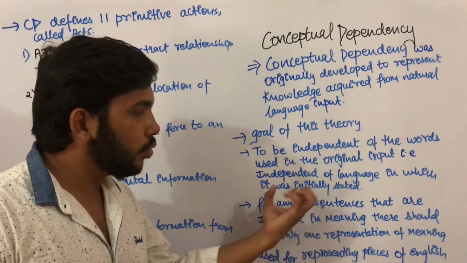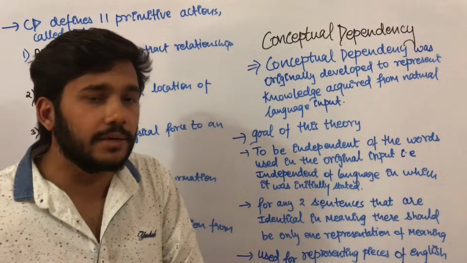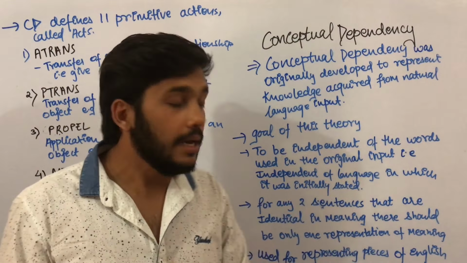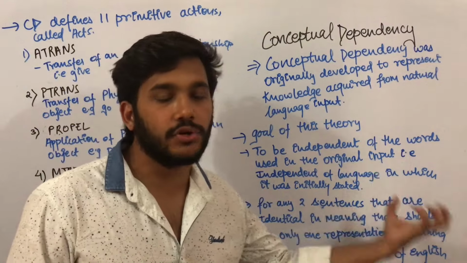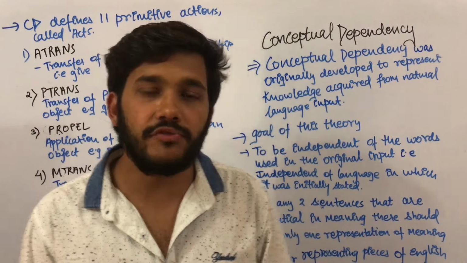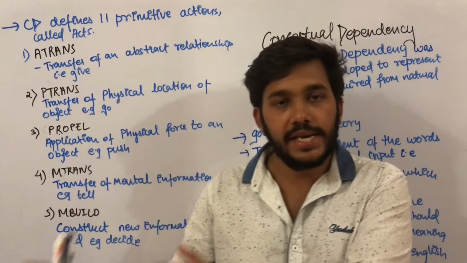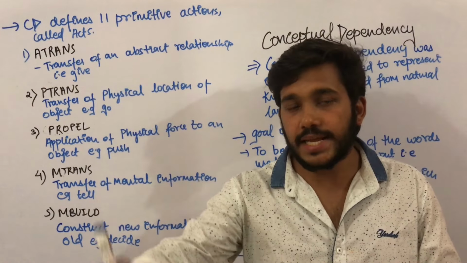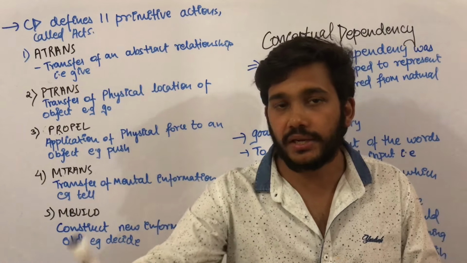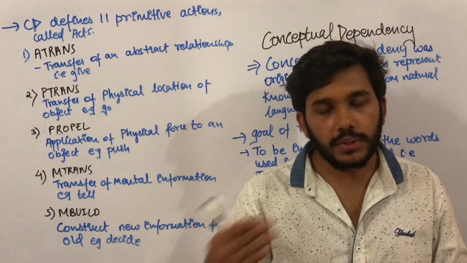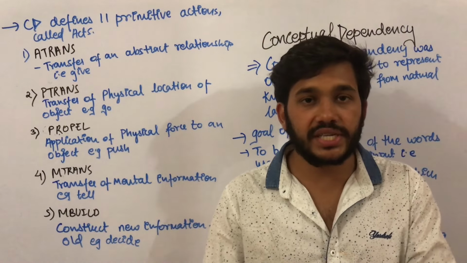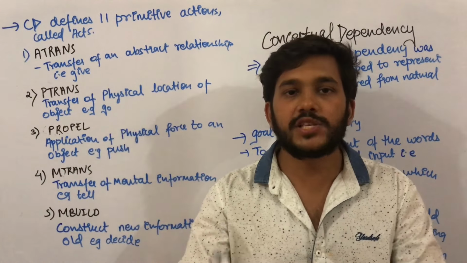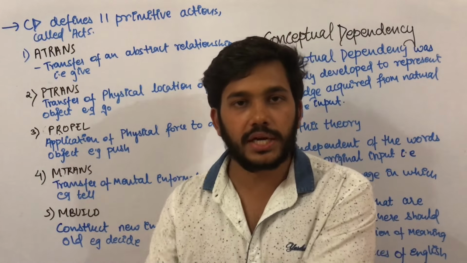So the two statements which have identical meaning in some sense must have the same representation of meaning. That is, the representation for both statements should be the same. In both situations the tense changes, one was present and one was past, but in both a transfer of an object takes place, that is, one object has moved from one location to another location.